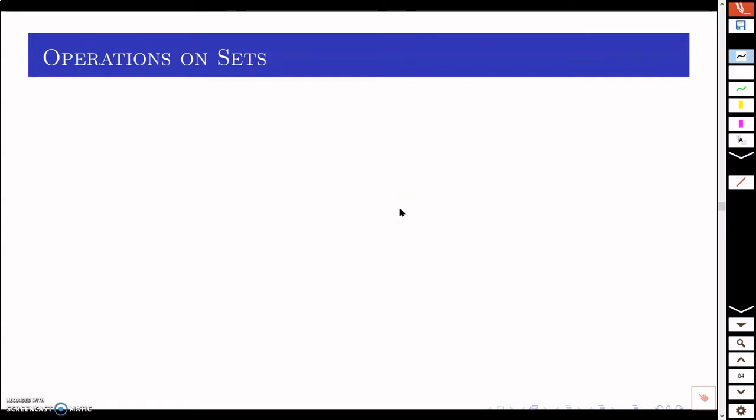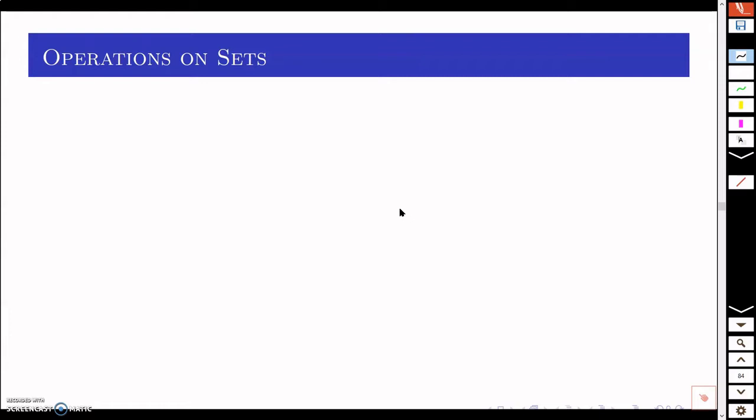Now, if you consider the set of natural numbers, we have operations on the set of natural numbers like addition, subtraction, multiplication, and division, right? And what does that give? If you start with some numbers and apply these operations to those numbers, you are going to get more numbers.